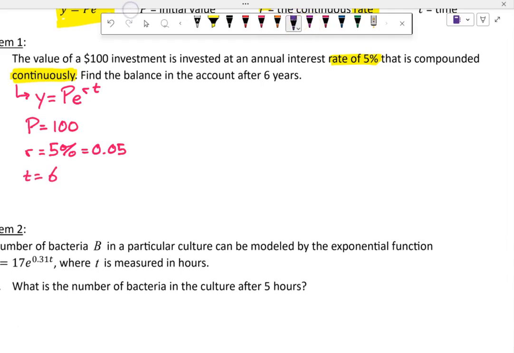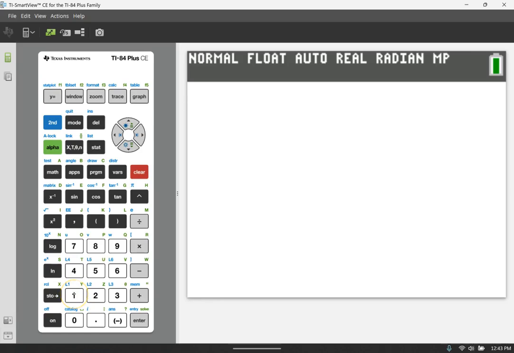So all we have to do is take that information and put it into our equation. So that's going to be y equals P, which we said was 100. So 100 times e, and that's our natural number, that's a constant, to the power of 0.05 times 6. So, using your calculator, what does that equal? Where do we find our e?